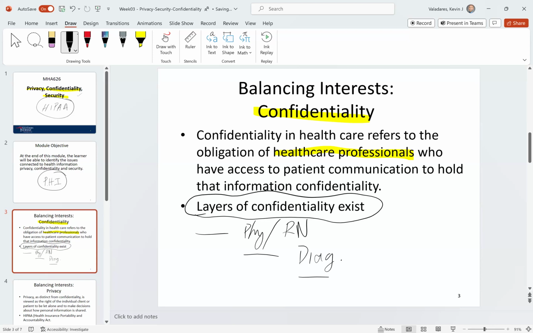And then a third level of individuals in health information management, medical records, perhaps administrative folks, billing folks, who also need to have access to that. So there are layers of confidentiality. It is not just individuals who are providing direct care to us.